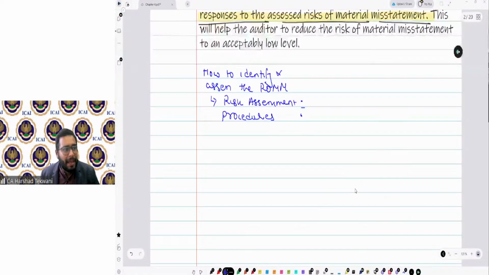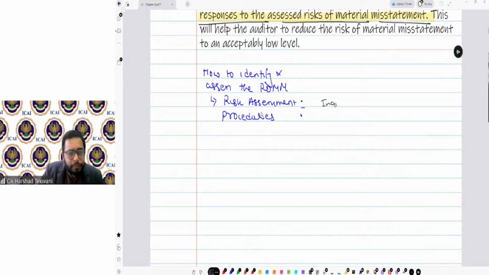When I say risk assessment procedures we need to perform, in that we need to inquire of management: what is going on, which is the process, how do you function? So inquiries of management will be the starting point for us.